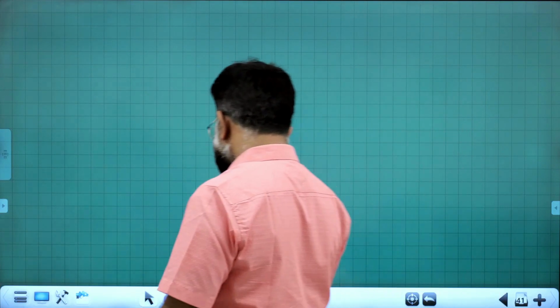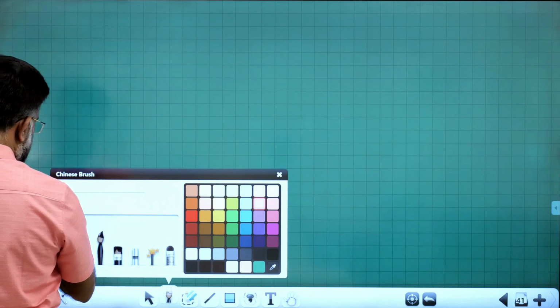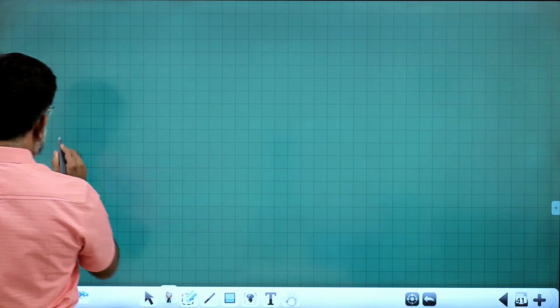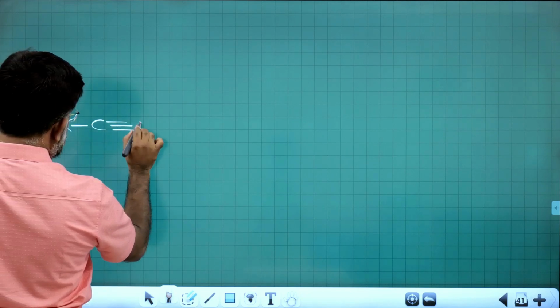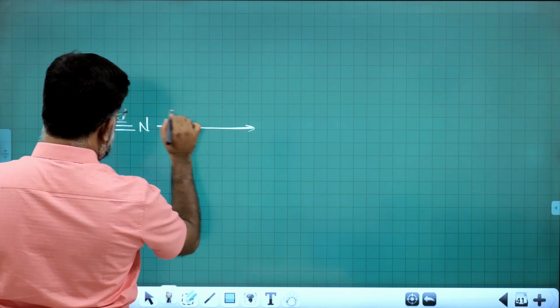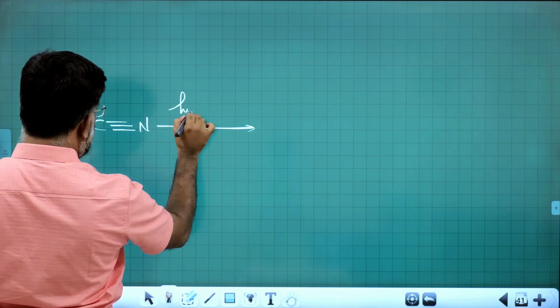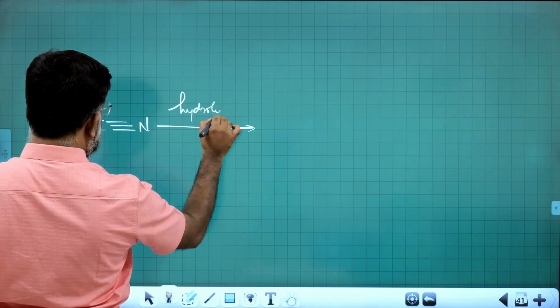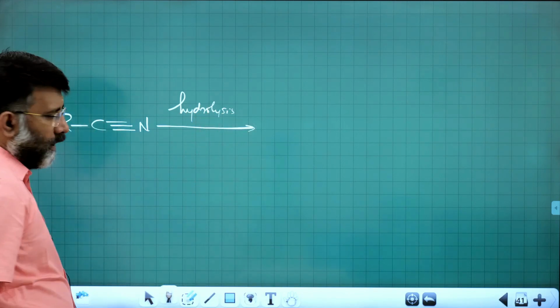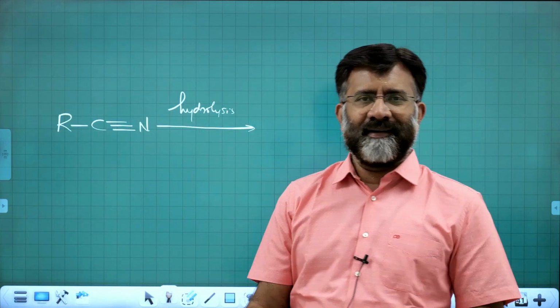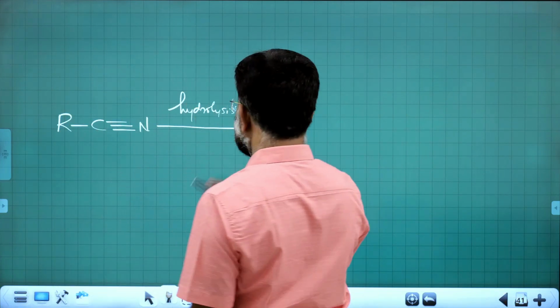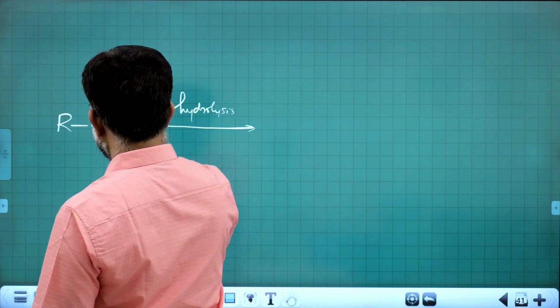Nitriles upon hydrolysis, you can get carboxylic acid. RCN upon, not reduction, sorry, hydrolysis, either in acid medium or alkaline medium, it is cleaved over here.